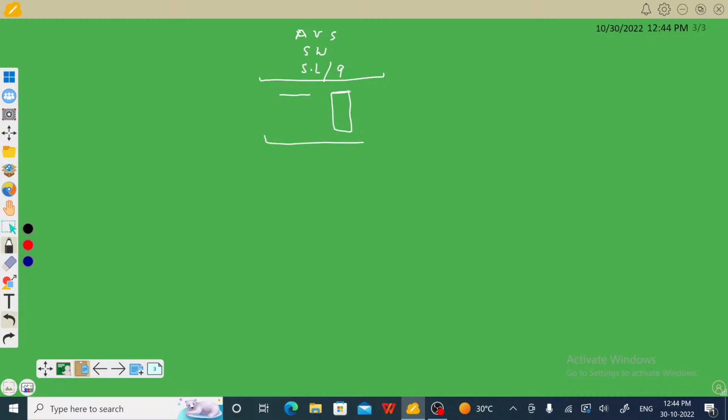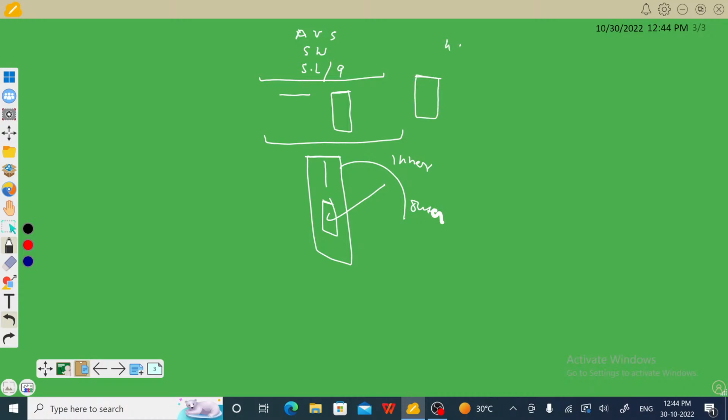But the beauty is that if we are in a spatial order, then within this we can have an interval and square both. So this square, which is the inner square, and this square, which is the outer square, have distinct features, as much as that the outer square has 4 points, 4 side lines and 1 area.